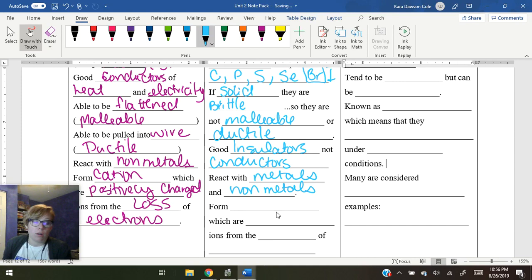These form anions, which are negatively charged ions from the gain of electrons.